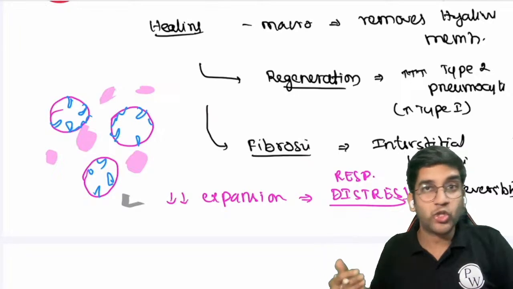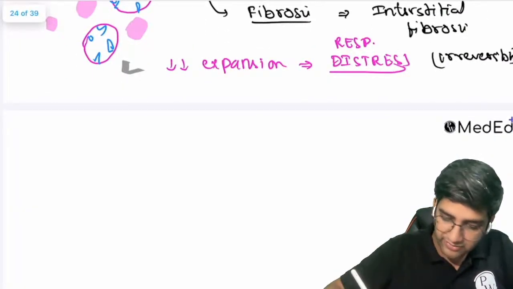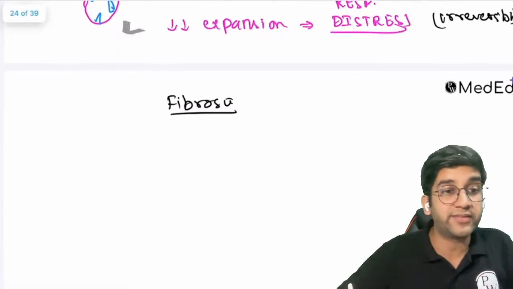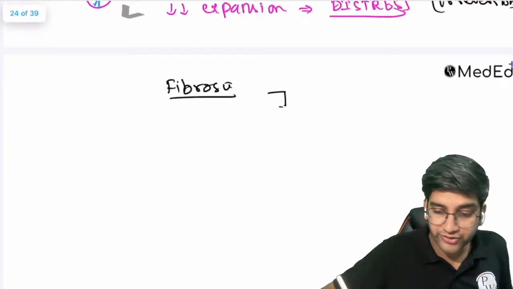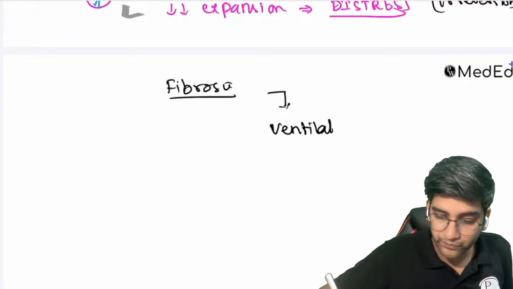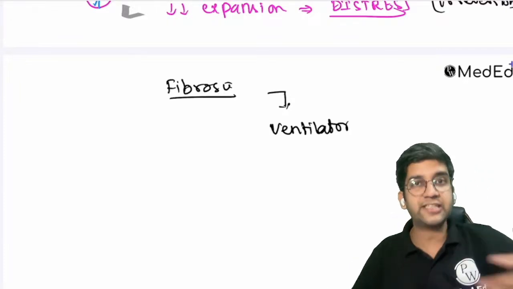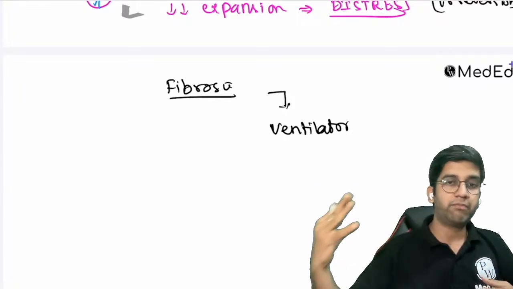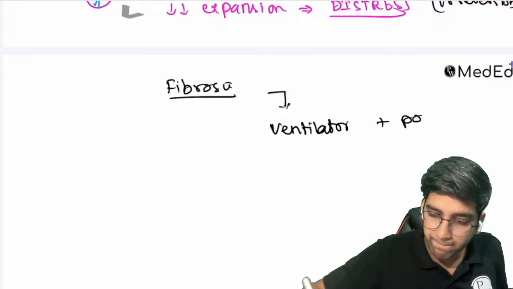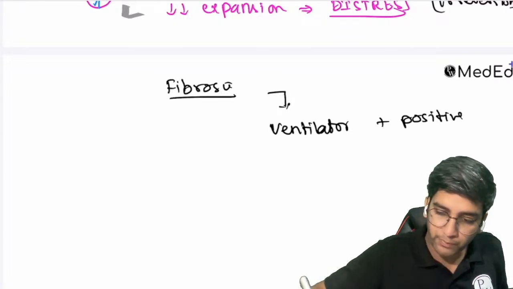Let's say I was not able to do that. The patient had fibrosis. I'm not able to do anything. The only way to treat this is put the patient on ventilator. Not just ventilator. See, ventilator is nothing but a machine which forces air inside. It's ventilator plus positive pressure.